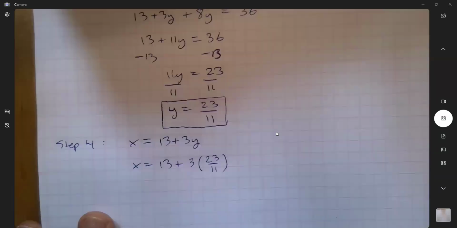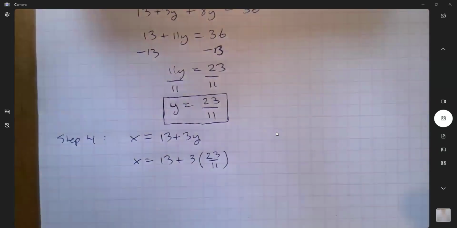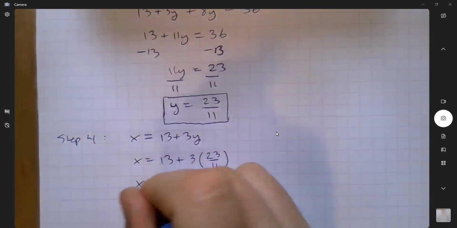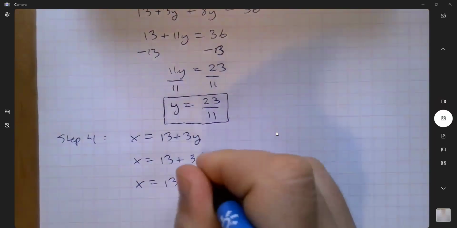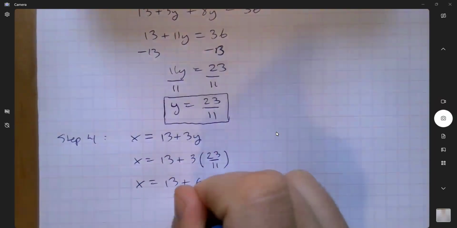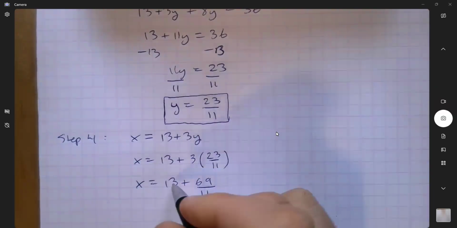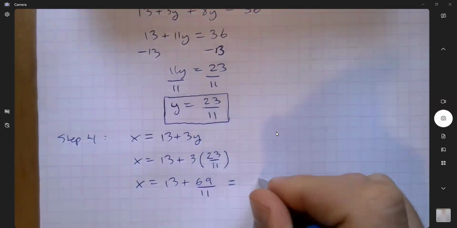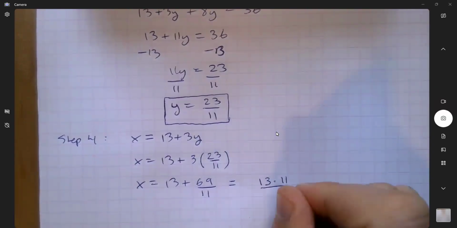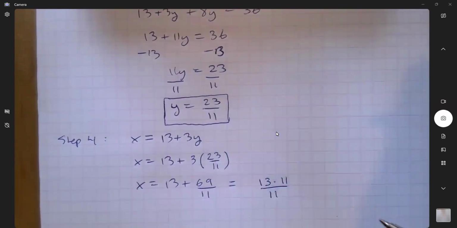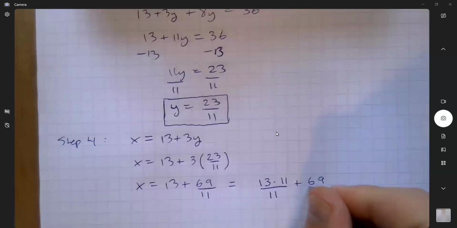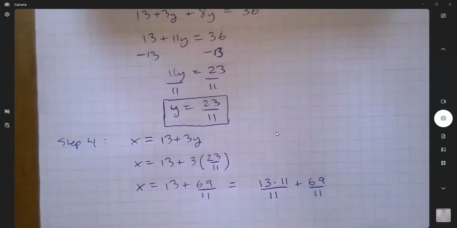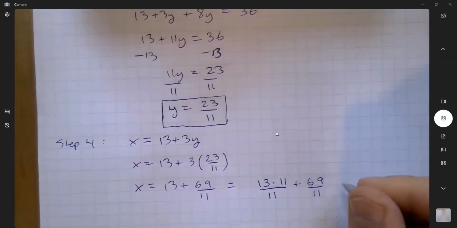All numbers on the right side, so I just have to multiply it all out. x equals 13 plus 69 over 11. We've worked on adding fractions. Remember, we need them to have the same denominator, so let me multiply the 13 by 11 over 11. And then I have the 69 over 11.